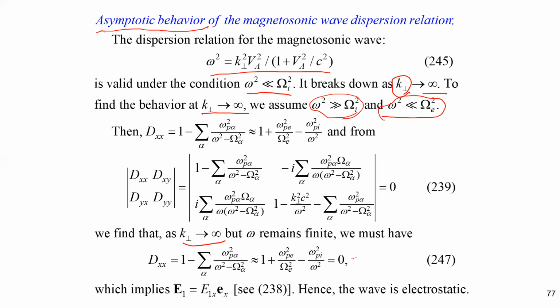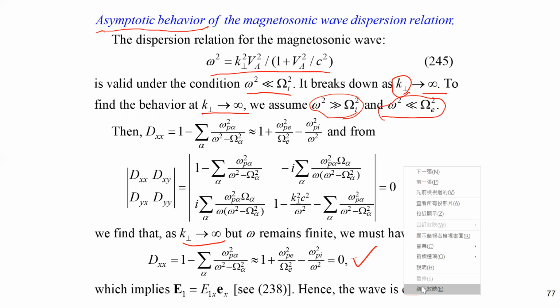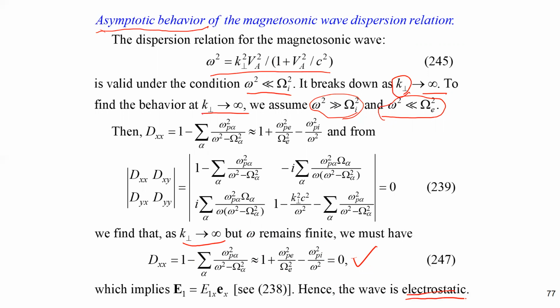So we have this equation, which implies E1 equals E1x, Ex. The wave is, once again, electrostatic. At low frequency, we will encounter the ion cyclotron frequency, but at higher frequency we don't have to worry.